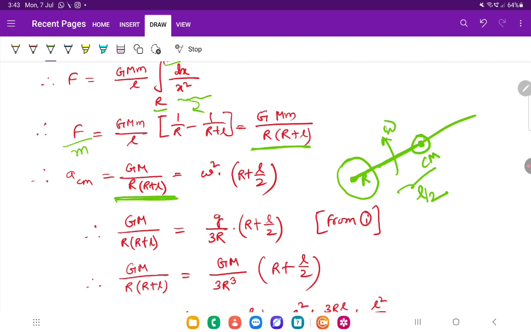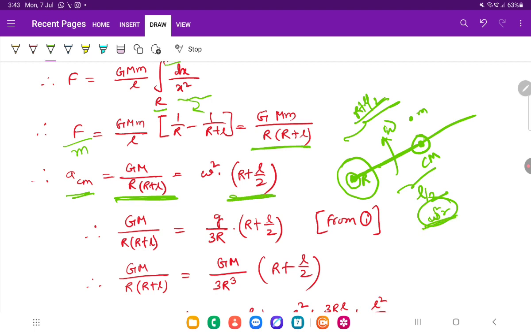So you can assume that a mass small m was revolving around the center of the planet with angular velocity omega at a radius of r plus L by 2. From this understanding, you can clearly write that the acceleration of the center of mass of the rod will be omega squared times r. In rotational motion, we study that the centripetal acceleration is omega squared times r.